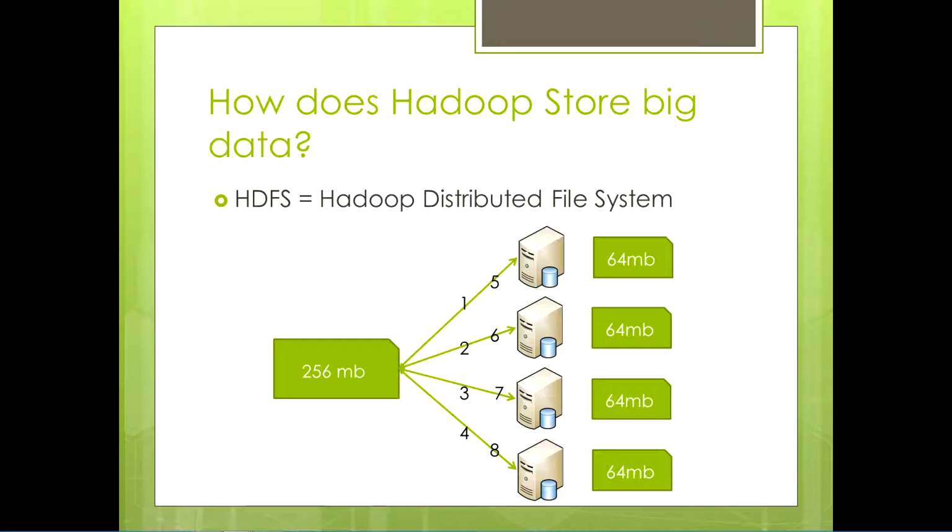So if you have a 256 meg file with the configuration set to a 64 meg block size, it's going to create 4 blocks. Of course, you can go into the configuration and change the block size to, say, 128. In this case, it will only create 2 blocks, so it will only be stored in 2 files.